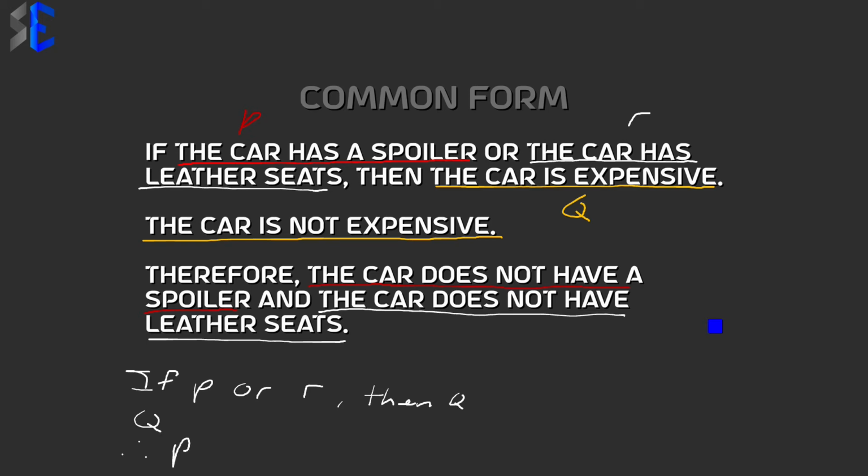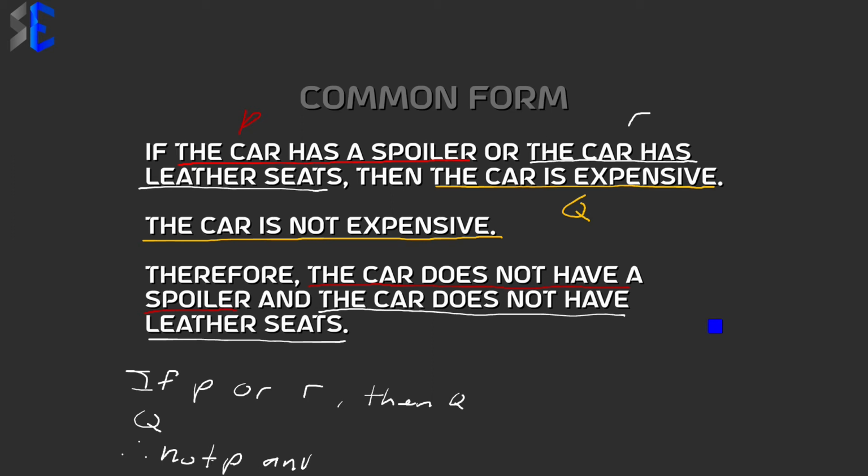Or okay, actually no, I just forgot. So because it says, okay, so look how this says the car does have a spoiler. The does is implied, but this says does not. So all you do is you say not, and then the variable. So not P. And then same thing here. This is the car does have leather seats, but this is does not.